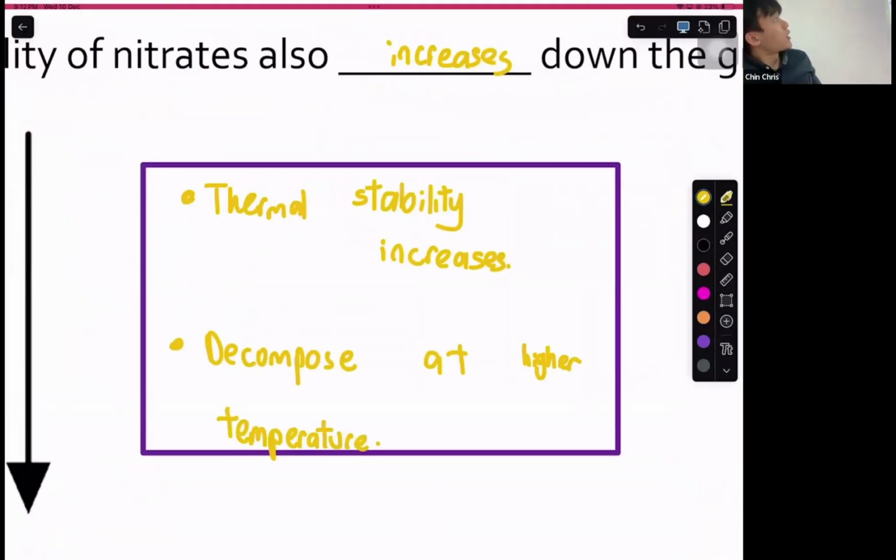That's it. So thermal stability increases, they decompose at higher temperature. All good.